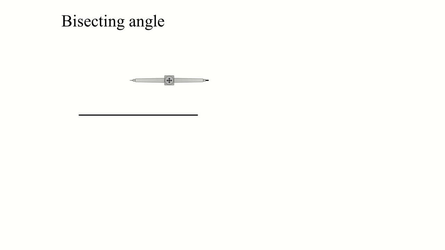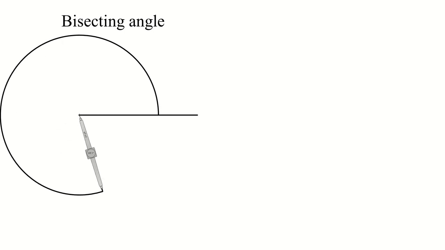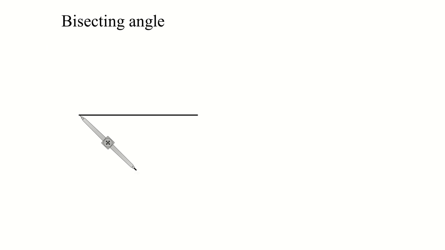You're going to take your compass, put it at one side of the line, like so. All you need to know is when you're opening up that compass, it has to be more than half the line, right? You're going to draw an arc. You don't need to draw it as big as me. Hold on. We'll need to move this line.